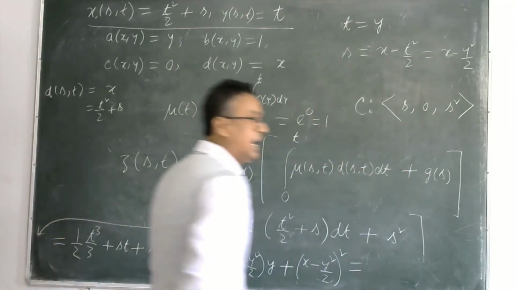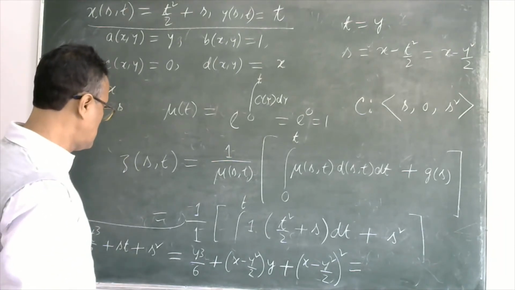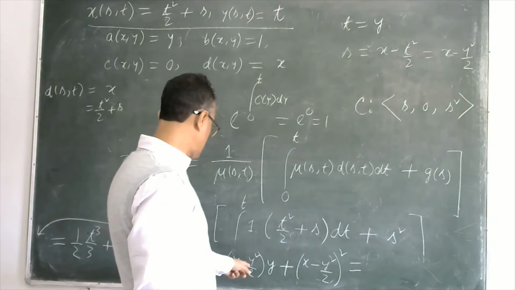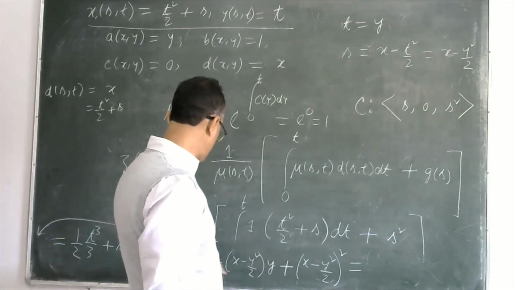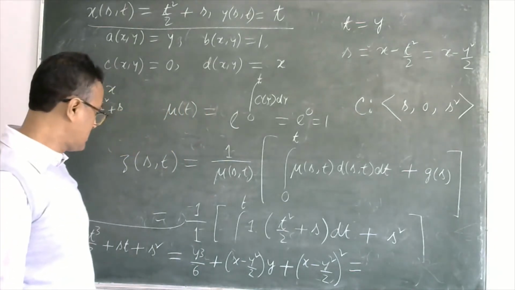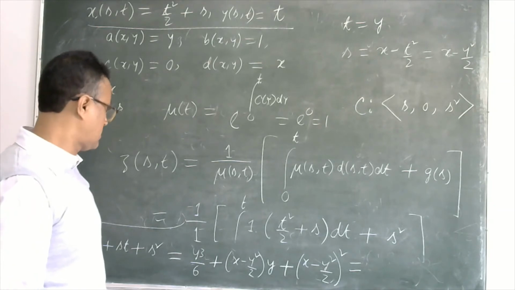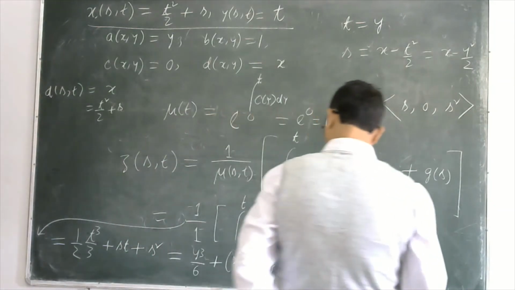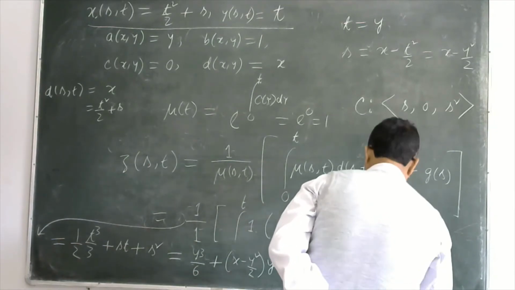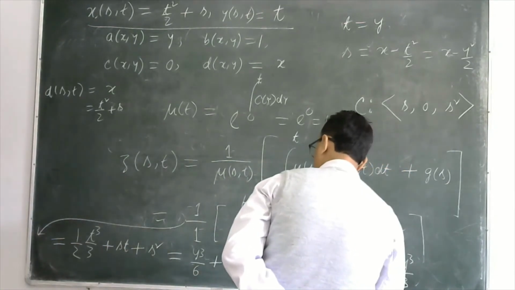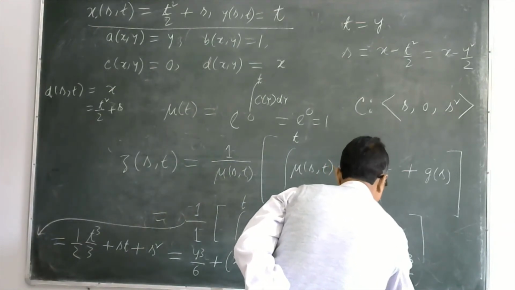Fine. And then you will see this is minus y cubed by 2 plus y cubed by 6. So that makes it minus 2y cubed by 6, right? So it is eventually going to be y cubed by 3, and then your xy.